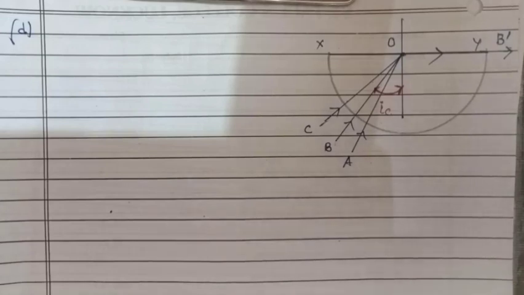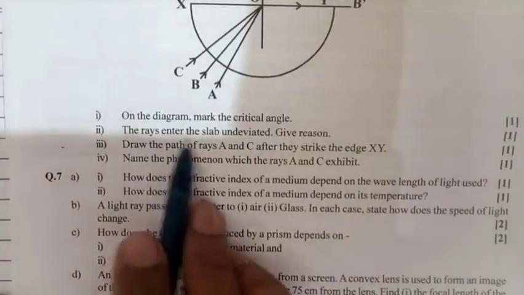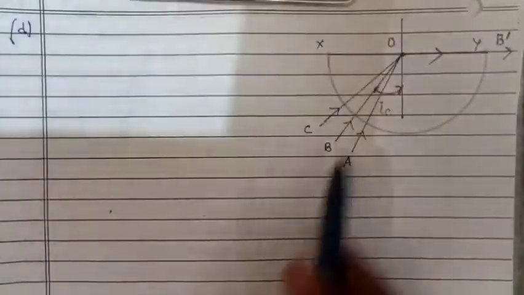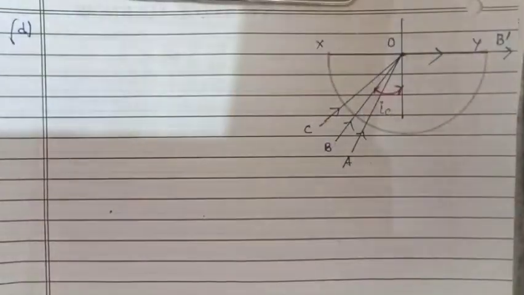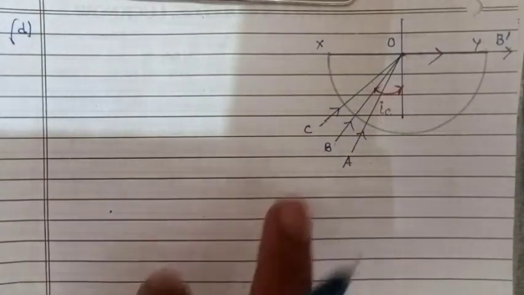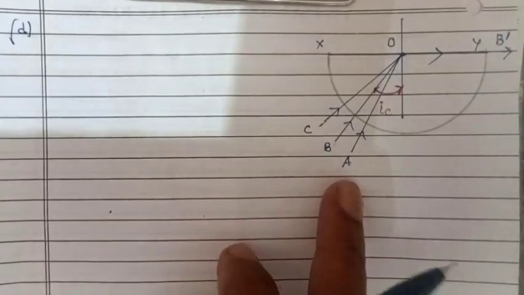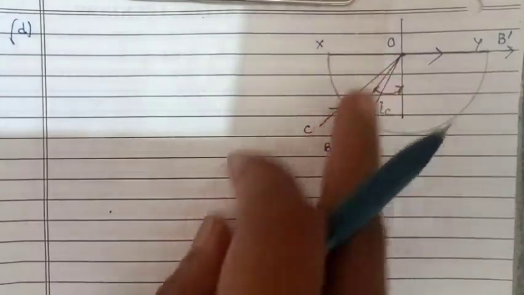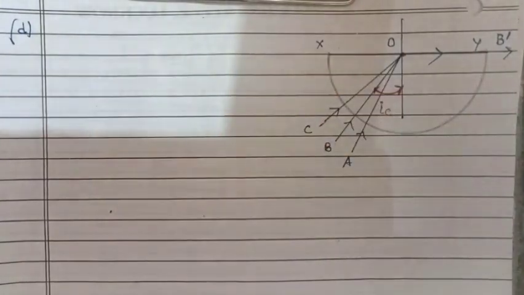Now what about the second part? Second part says the ray enters the block undeviated. Now why are these rays entering the block without being deviated? As you can see, the three rays are directed towards the center of the block, and this direction towards the center of the block makes them perpendicular to the surface.